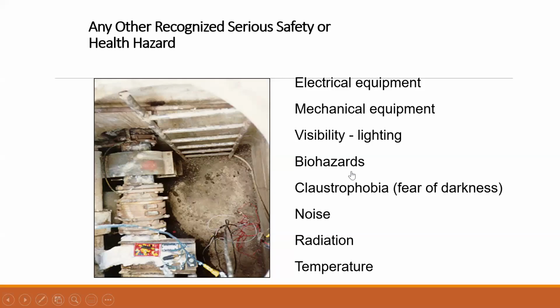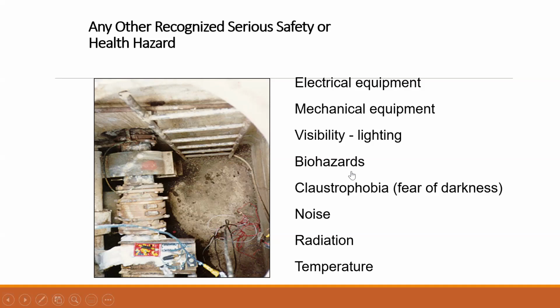Sometimes there is too much of a housekeeping problem, and mechanical equipment is there. Sometimes there is no lighting system available. Biohazards are possible too, for example rats, snakes, or pesticides.